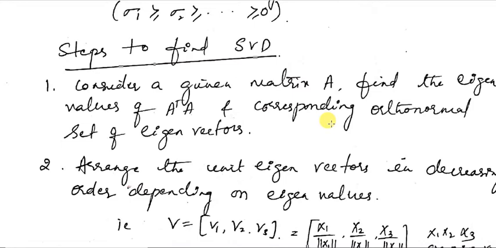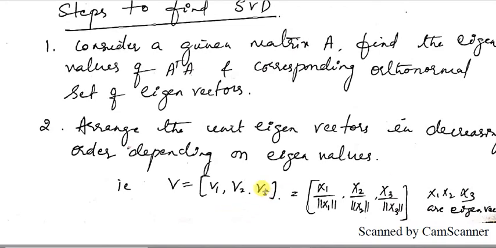In the second step, we have to arrange the unit eigenvectors in descending order depending on the eigenvalues. That is, V is equal to V1, V2, V3, which is equal to x1 by norm x1, x2 by norm x2, x3 by norm x3 in columns.